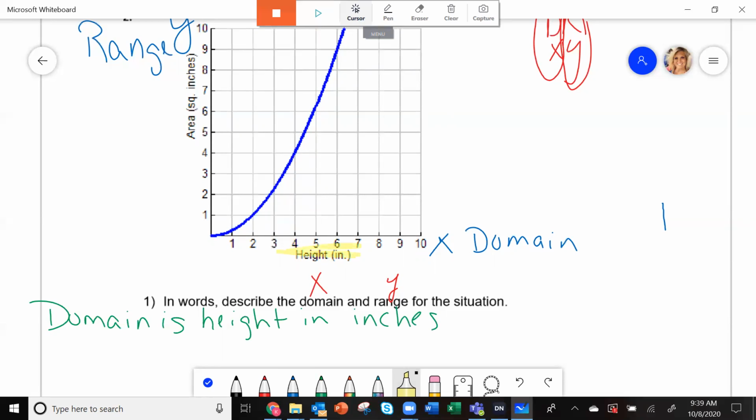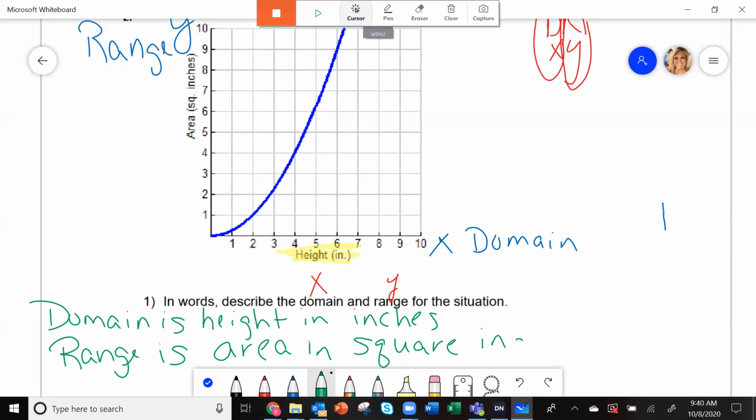Because that's what's labeled right here on the X-axis. My range is the area in square inches. Well, that's because that's what's labeled on my Y-axis right there. Now, I'll move it up. I'll kind of squish it together.